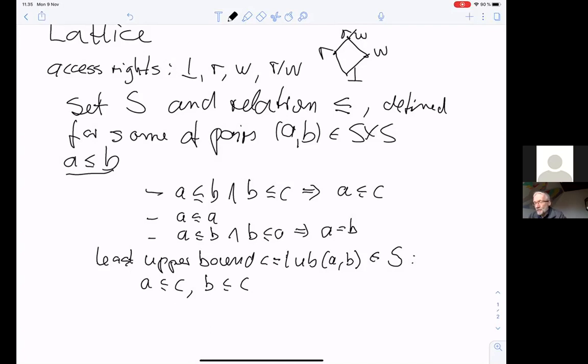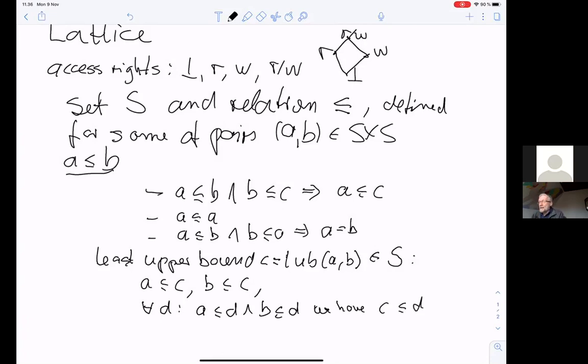But also C is the least upper bound, and what that means is that there is no other upper bound which is less than C. More formally, for all D with the property that D is also an upper bound, so D is also above both A and B, then in fact C is less than D.